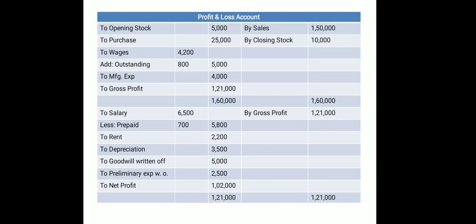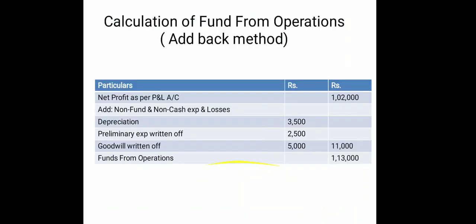So 1,21,000 minus 5,800 of your salary part and 2,200 of your rent part. If you deduct these two items from 1,21,000, again you will get the answer of 1,13,000, which is your fund from operation.